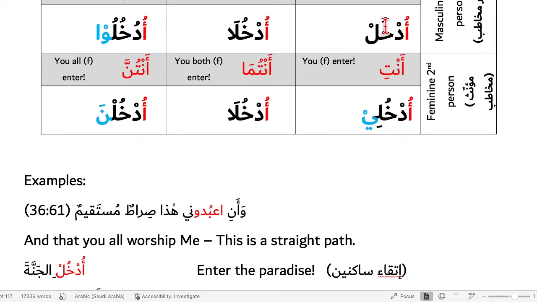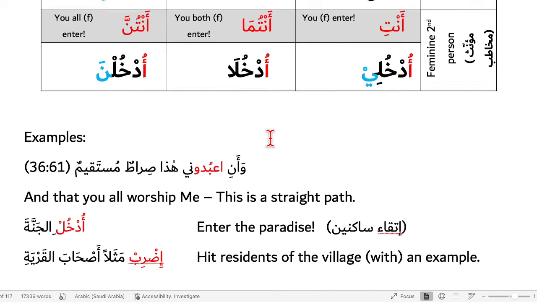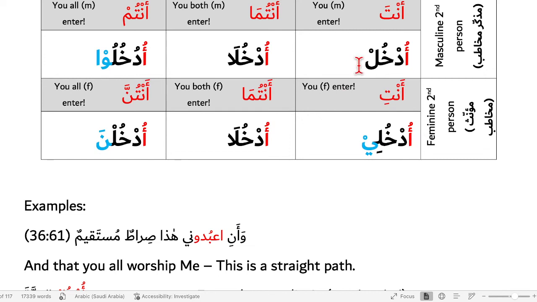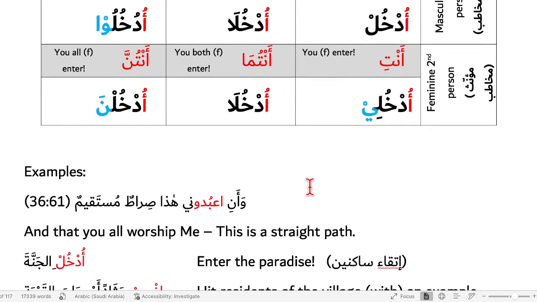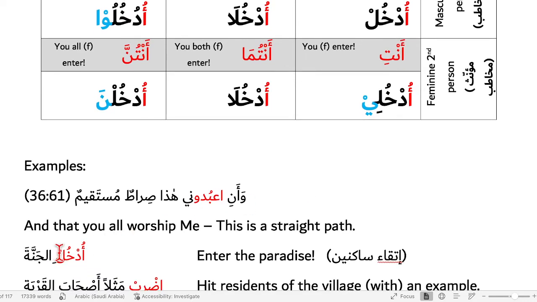Udkhul is for masculine; this is for the person in Surah Yasin who was told to enter the paradise. In this sentence, jannata has a fatha sign because it's maf'ul. If it were fa'il, it would be in the rafa form. We studied this in the last lesson. So udkhul jannata, enter the paradise.